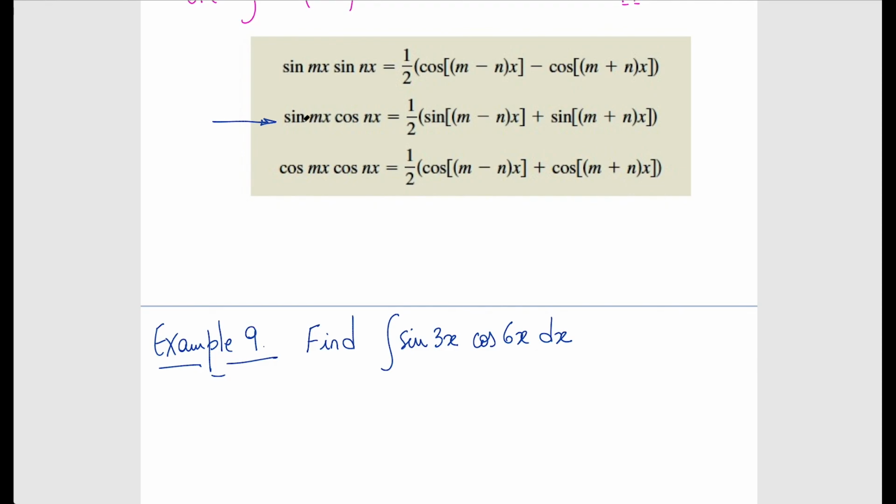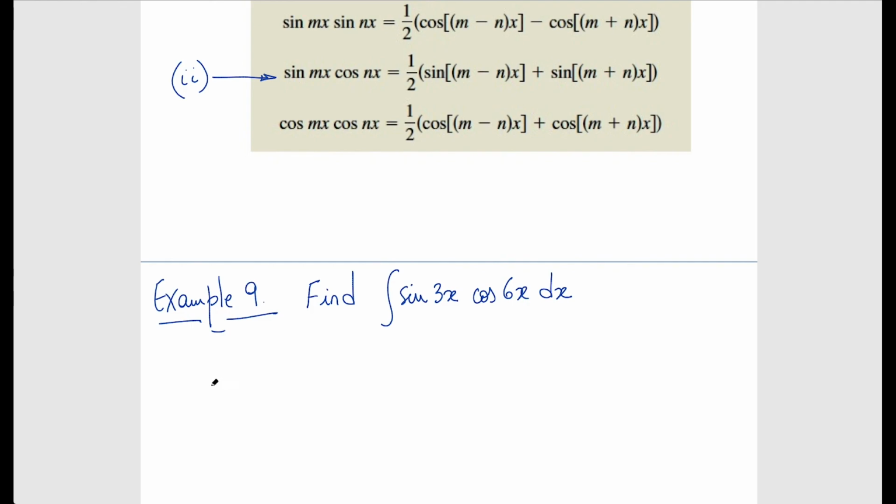Because this is of the form product of sine mx times cosine nx. So let's give this guy a name. How about we call it 2, right? So by 2 above, we may write that sine 3x times cosine 6x is equal to 1/2.